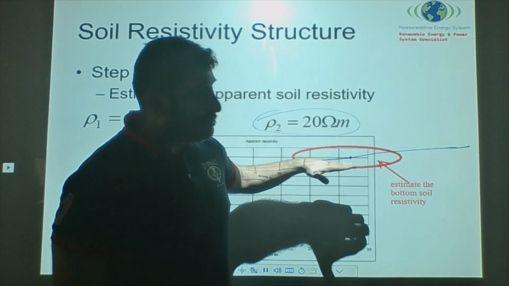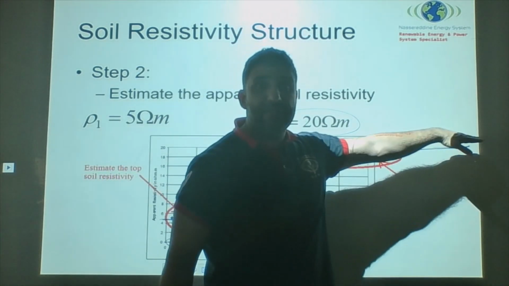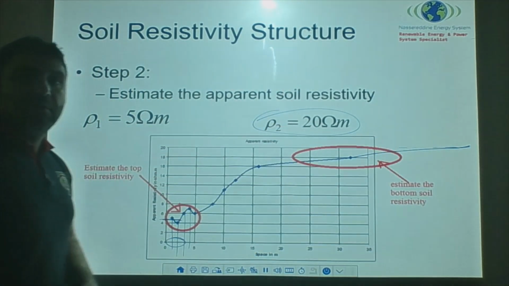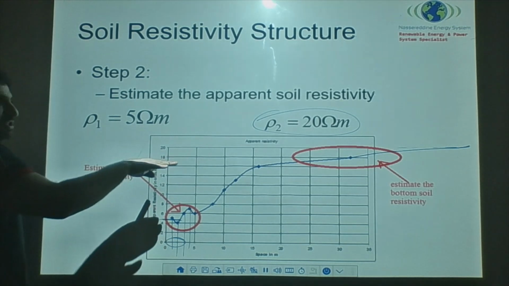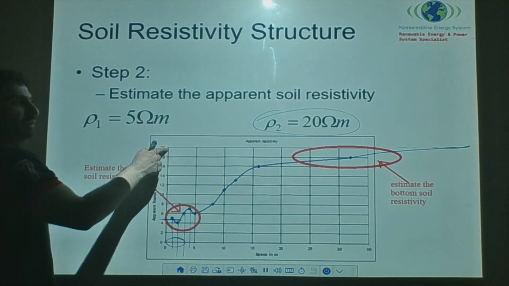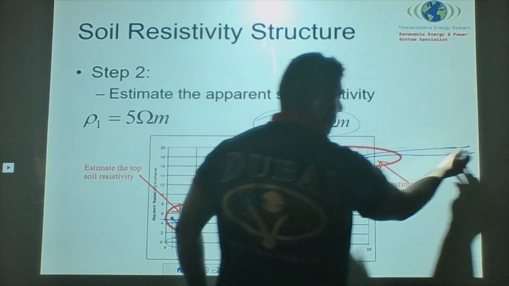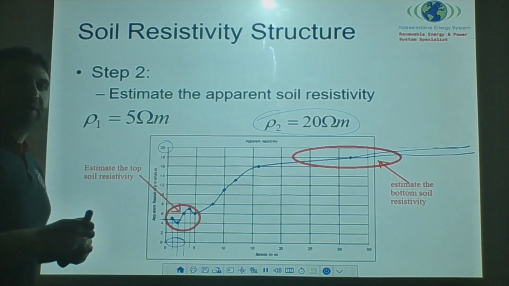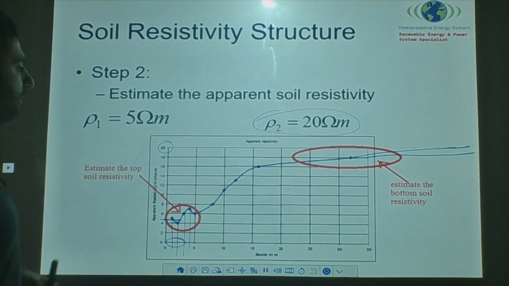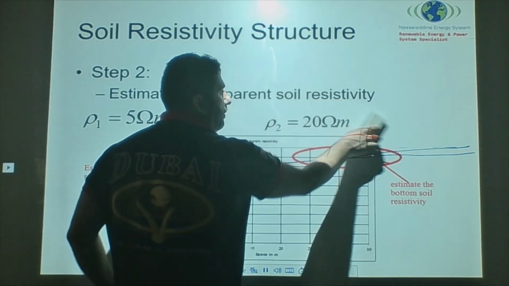In reality, I keep going down like this until it's sufficient, because this one shows that maybe it's going to go up to 20. In reality it's going to keep going. I estimate it to be 20 ohm per meter.